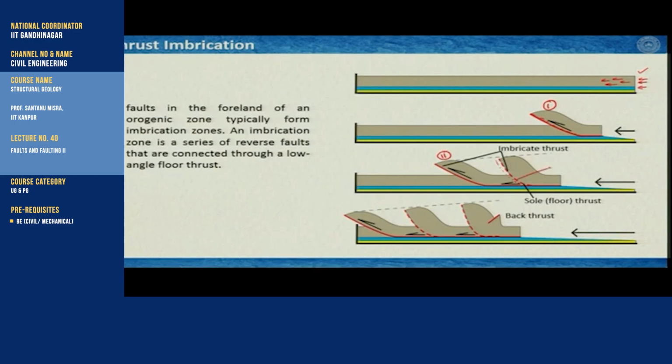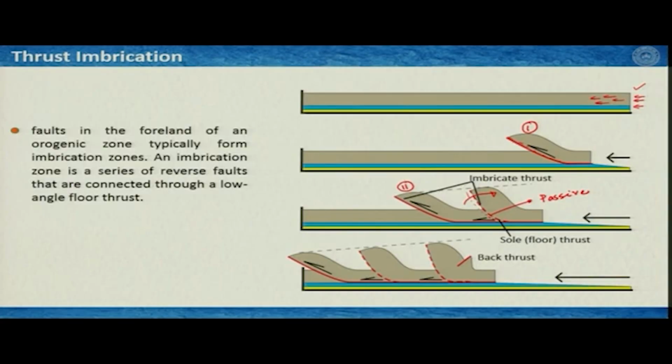So this becomes passive or inactive. But it does rotate backwards, and while it rotates, it slightly achieves a topographic high, while the second thrust is moving with an active thrusting along its boundary.